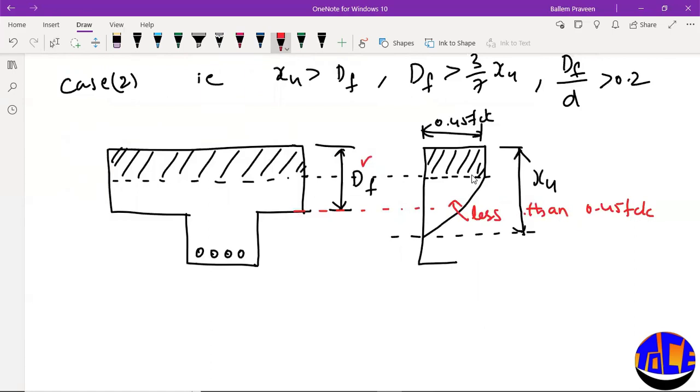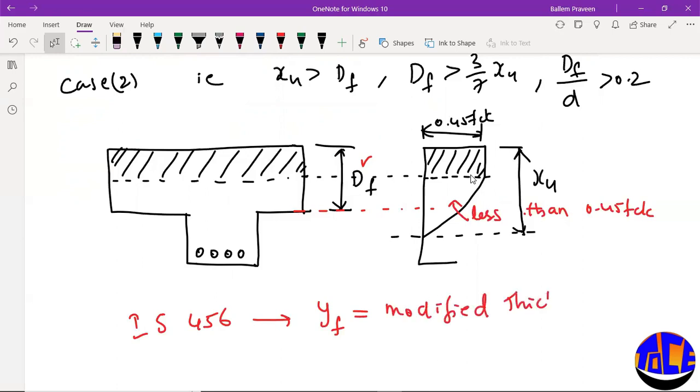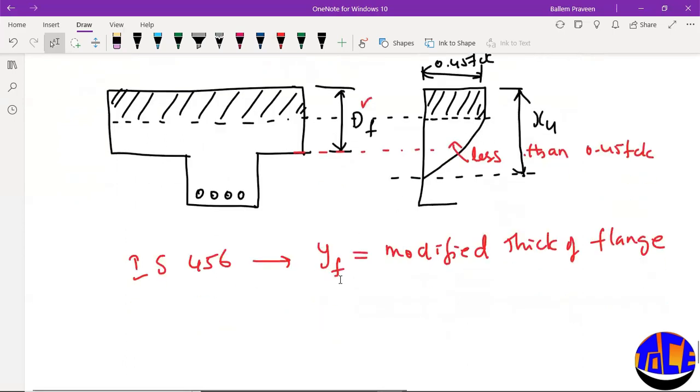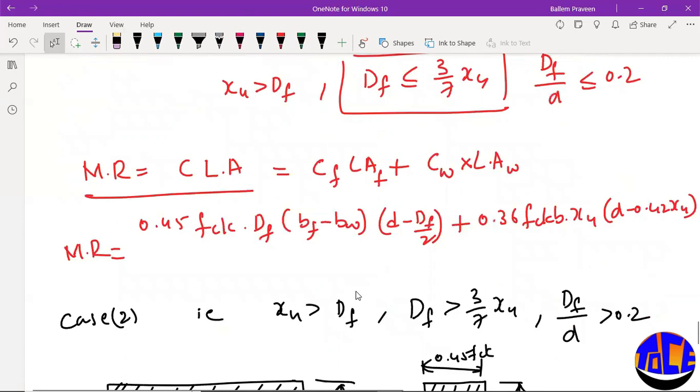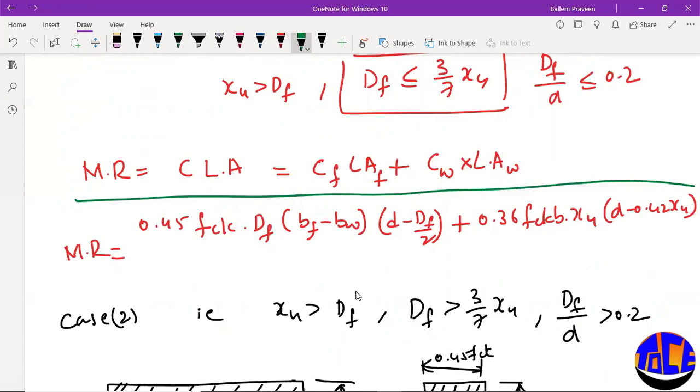For such a condition, IS 456 recommends using yf, the modified thickness of flange. So we are modifying the thickness of flange, and in the same formula as case 1, instead of df we substitute yf.